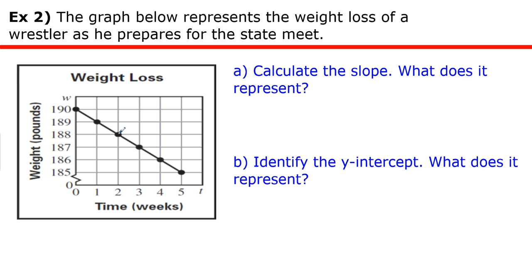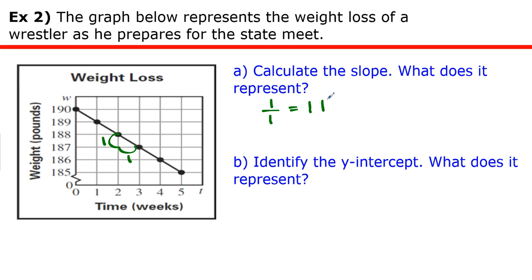I'm going to take these points. So it looks like, well, that was weird. I'm going down 1 pound here, because remember, I got to look at my units to know what I'm going down. I'm going down 1, and I'm going over 1. So it looks like our slope is 1 over 1, which in turn means 1, but we also got to put it in words.